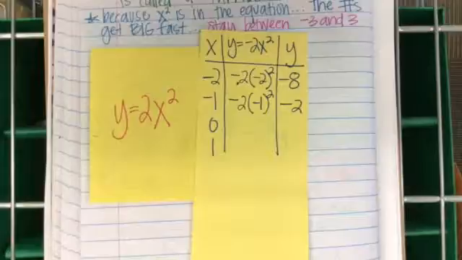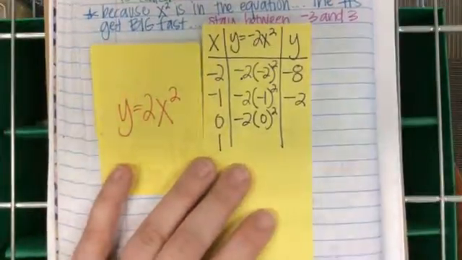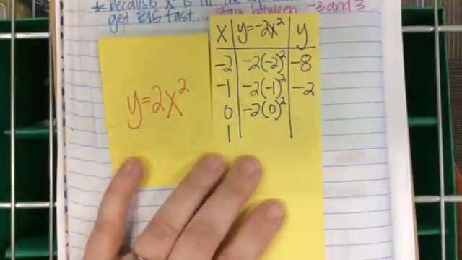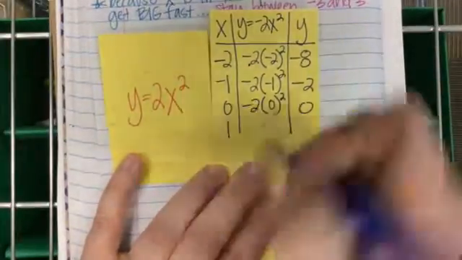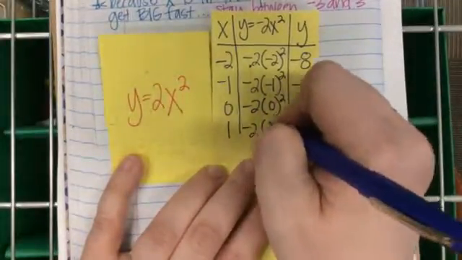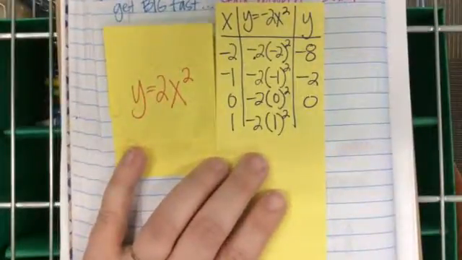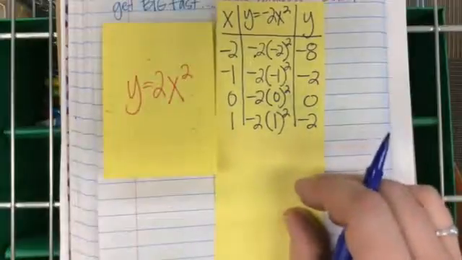Okay, so let's do 0 now. -2 times 0 squared. 0 times 0 is 0, times -2 is 0. And -2 times 1 squared, 1 times 1 is 1, times -2 is -2, and graph it.